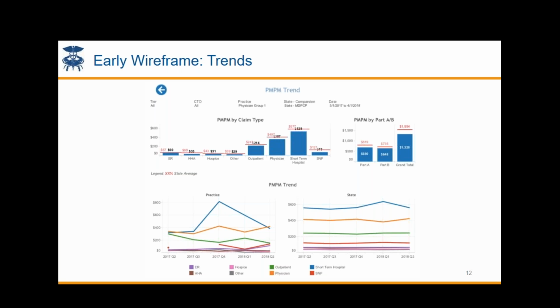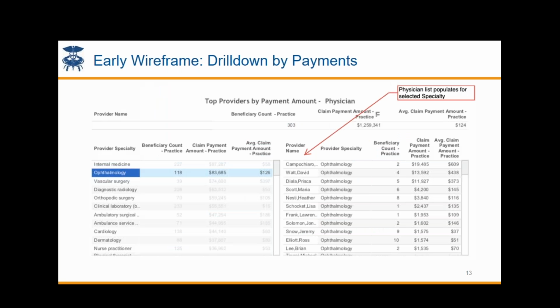So you can see below there's trends for the various quarters, both at the practice level and at the state level. I should also mention along the very top, I did not mention, there are drop downs. So you can see where it says tier, CTO, practice, and state, and the date. Those are items that will be like sliders and adjust. You can modify those to look at the appropriate data based on what you're trying to discover. So next slide.